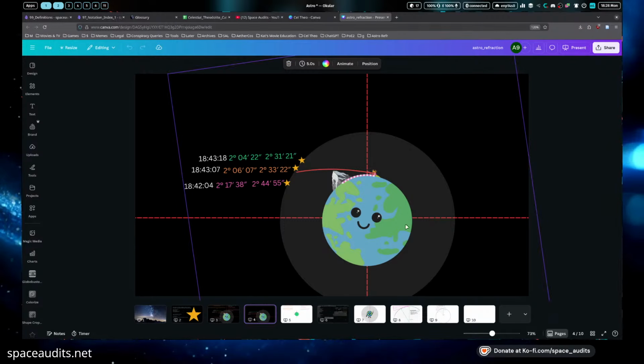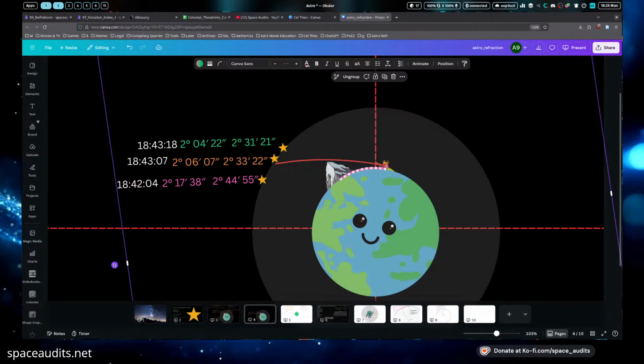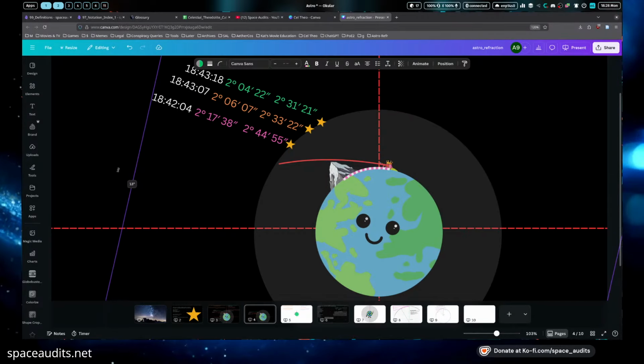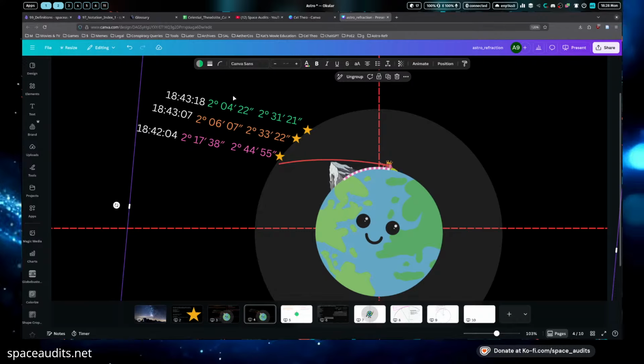All right. So when we look at this, we see that the angles for the observer are notated on the left here. The angles with respect to the peak are on the right side.